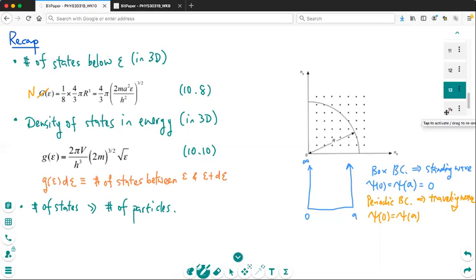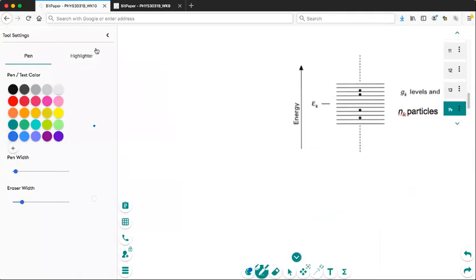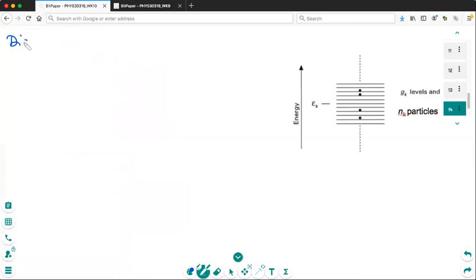What do we want to do today? What we want to do is to get the distribution function for this gas particle. Since we have a lot of energy levels, energy states, and most of them are empty, because of this treatment here.